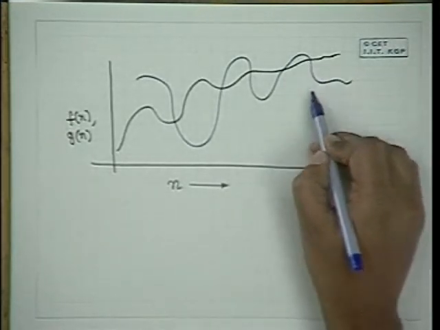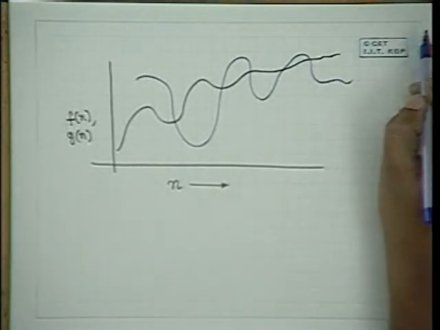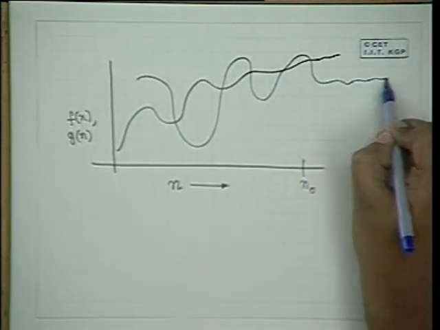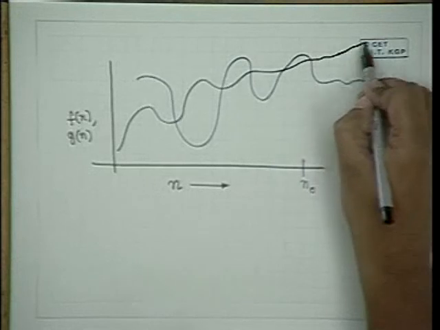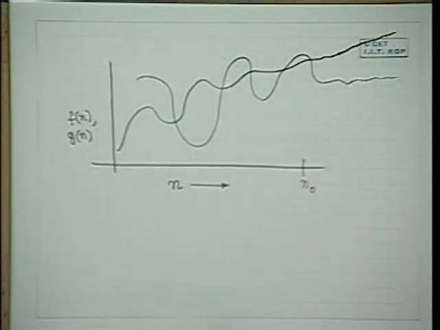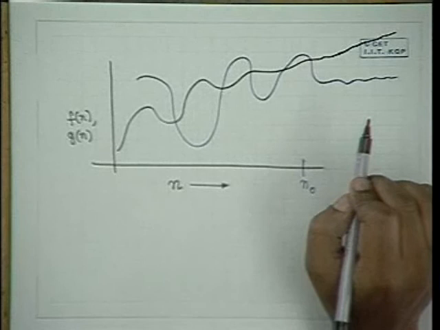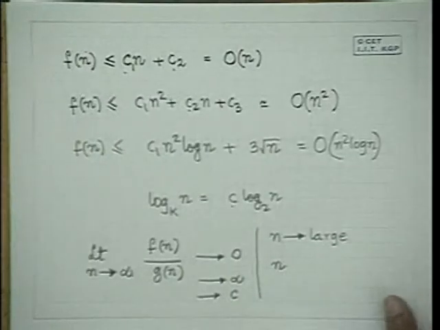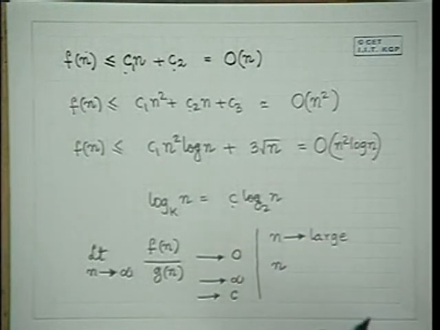But asymptotically, you can say that beyond a certain point n0, this will always be less than this, whatever be the constants c1, c2, c3. This will be better than this, or both will be identical. That is what you do by this order of complexity.